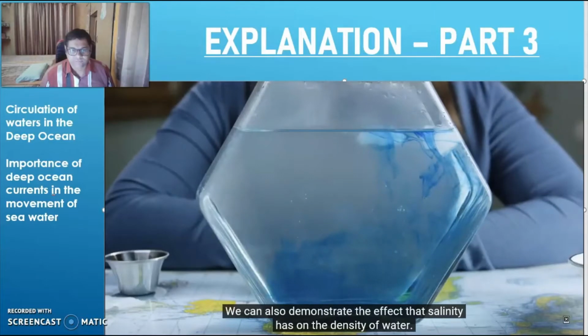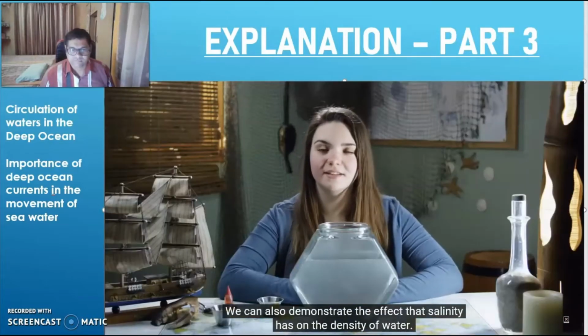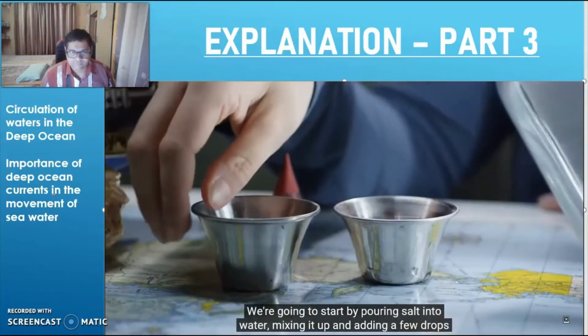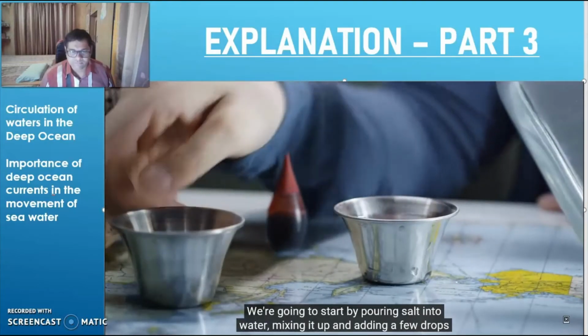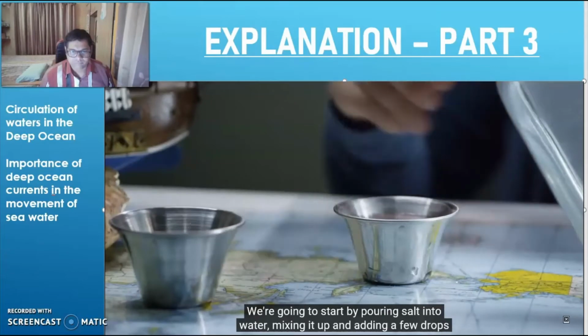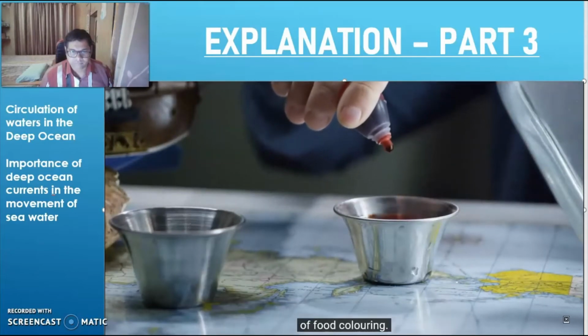We can also demonstrate the effect that salinity has on the density of water. We're going to start by pouring salt into water, mixing it up and adding a few drops of food coloring.